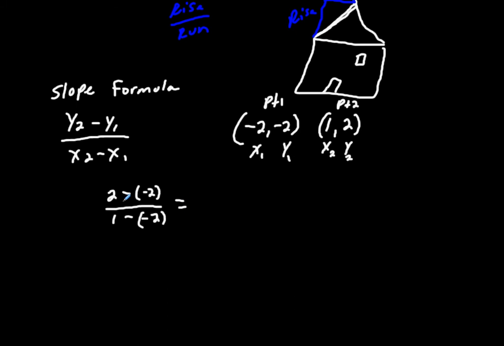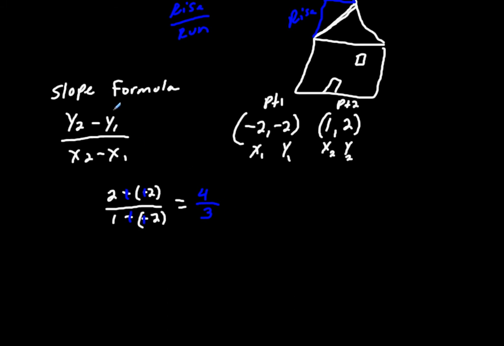So let's do the math. 2 minus a -2. We know that 2 negatives together actually make a positive. So 2 plus 2 is 4 over, and again 2 negatives make a positive, 1 plus 2 is 3.